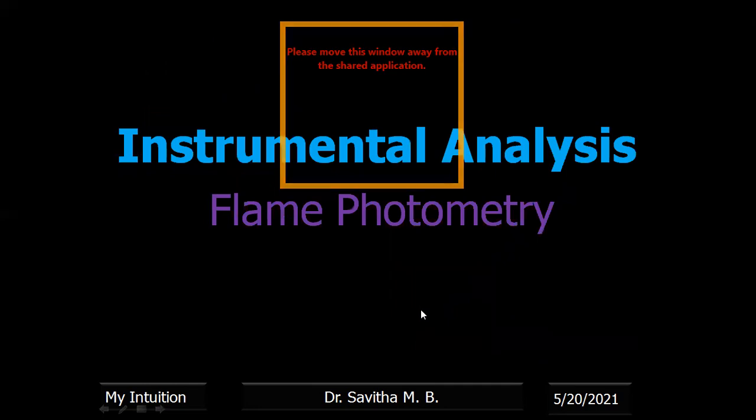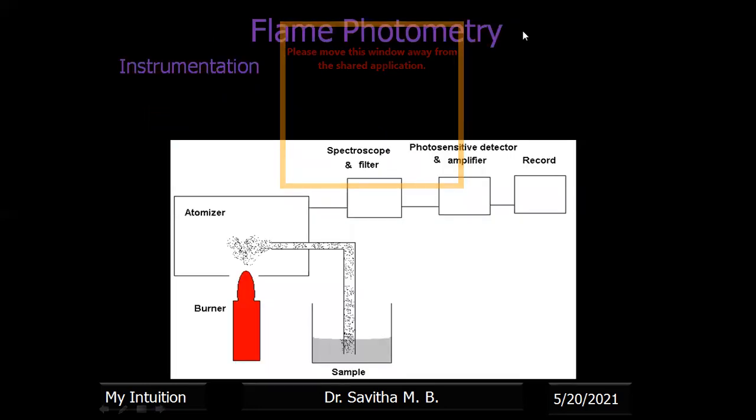The next instrument I am discussing is flame photometry. Flame photometry is a method in which the sample is aspirated into the flame. When the sample is aspirated into the flame, it breaks into atoms, and the electrons in the atoms absorb the flame energy and jump from the ground state to the excited state.